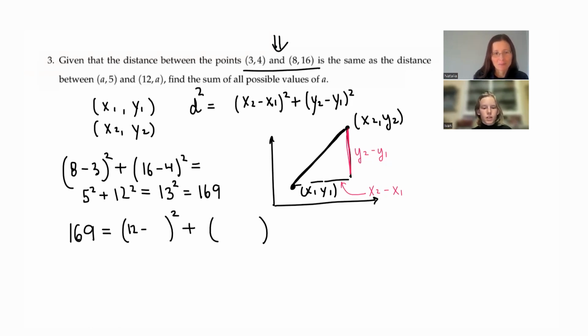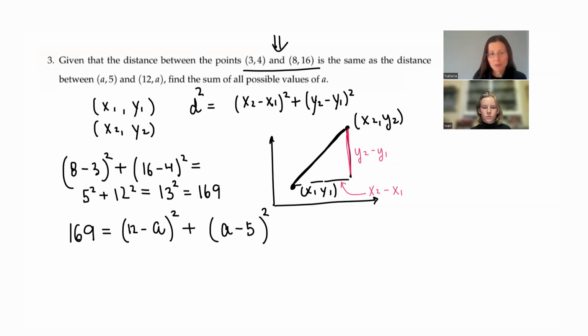So (12 minus a) squared, and also (a minus 5) squared. 12 for the second x value, a for the first x value, their difference squared, then a for the second y value and 5 for the first one. Sometimes when we do slopes we have to keep track of the order, but here, because we are squaring, the order is not important. This looks like a quadratic equation.